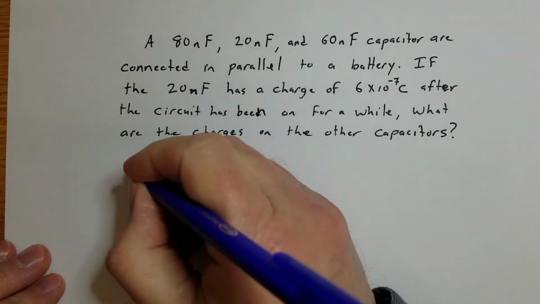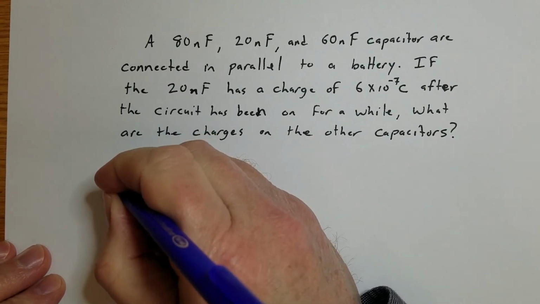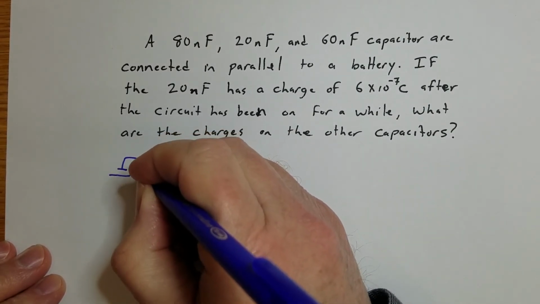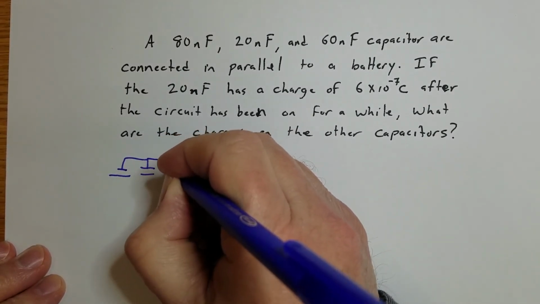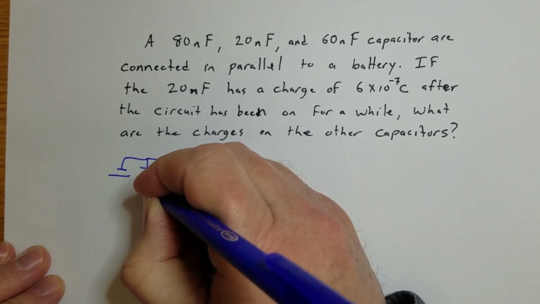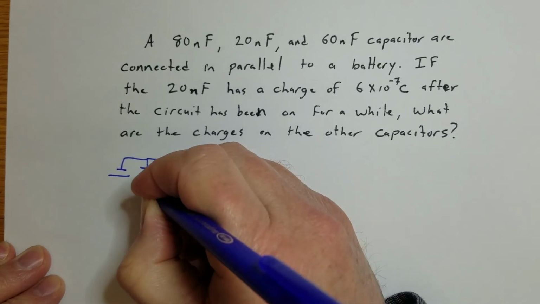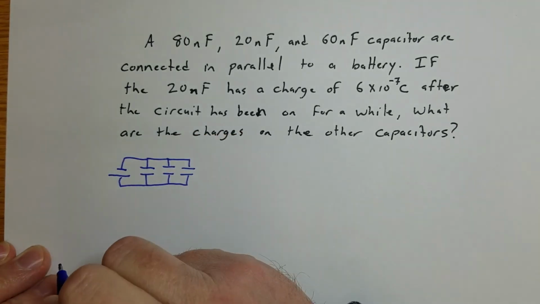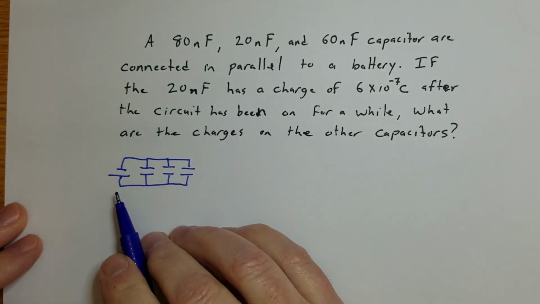Okay, so on this one, we still have 3 capacitors. Now we don't know the voltage of the battery.